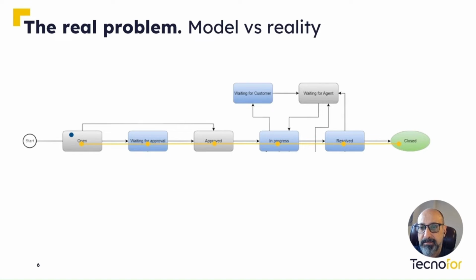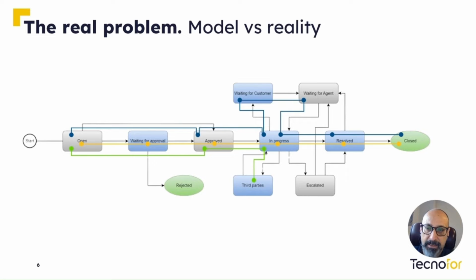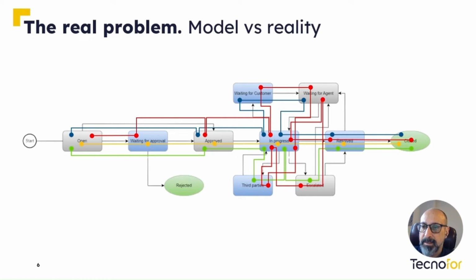It's my happy path, but this is not quite what happens, because sometimes I need to wait for the customer to do some things, or for the agents, or I have to escalate it to a third party or another support level, or maybe even more complex paths in which the process can be executed.